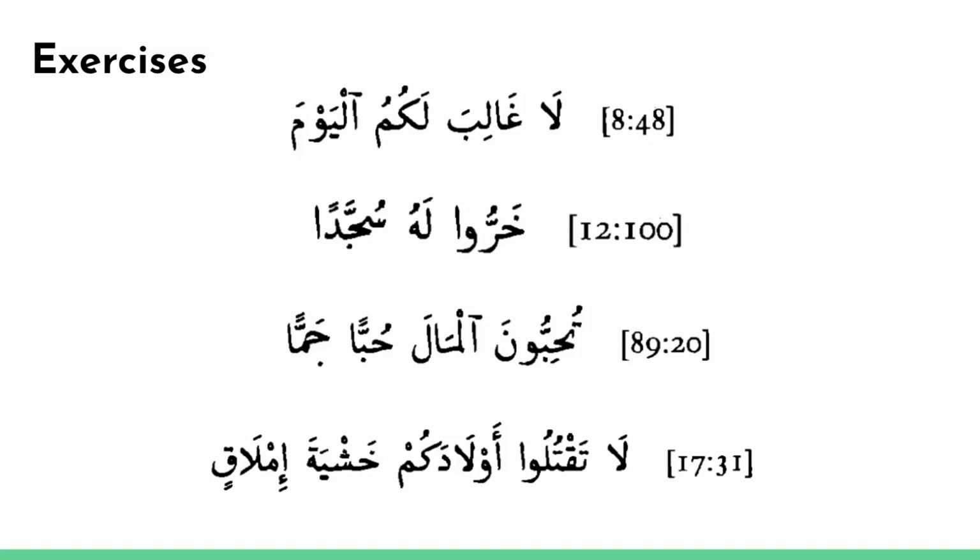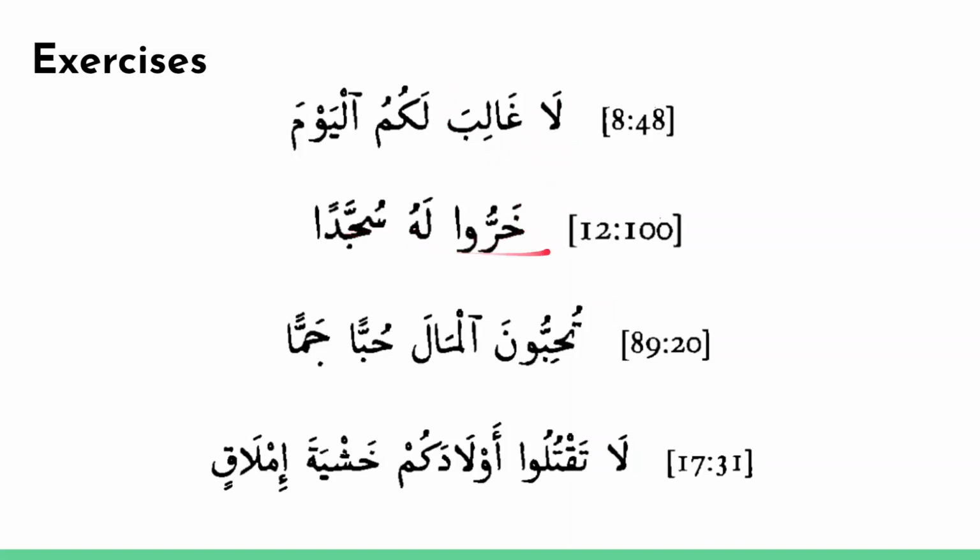So لا غالب لكم اليوم, there is no one that will overcome you today. He's giving a false promise. Okay, so what case is being applied here? Well, this is the case of absolute negation. So he's saying there's absolutely no one that's going to overcome you today.